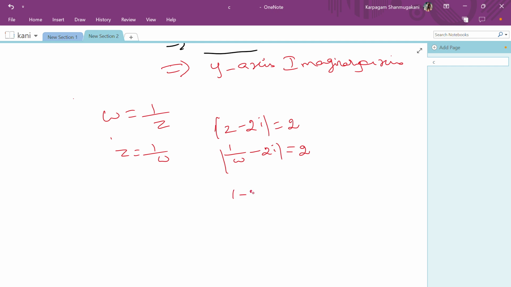Taking the LCM, so 1 by w minus 2i means modulus of 1 minus 2wi, take the denominator w into RHS, equal to 2 into modulus of w.